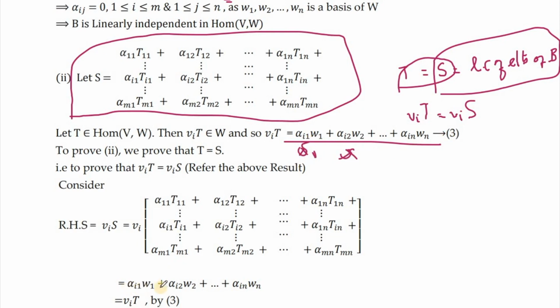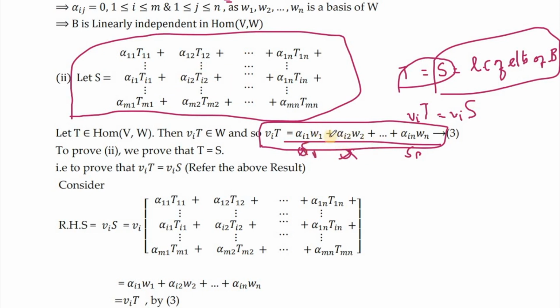But for convenience, we are naming delta 1 as alpha i1, delta 2 as alpha i2, and delta n as alpha in. So this part is what we actually need. Remembering this is not a problem, but this one you'll have to remember.